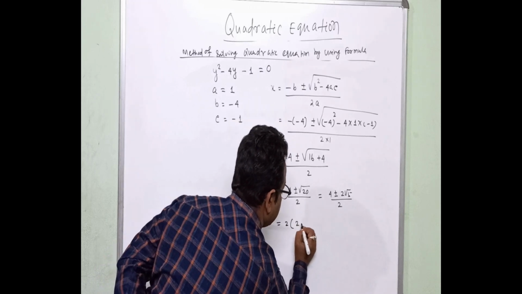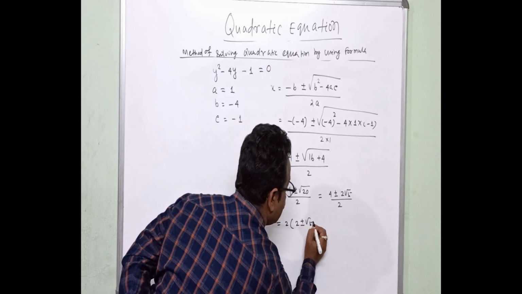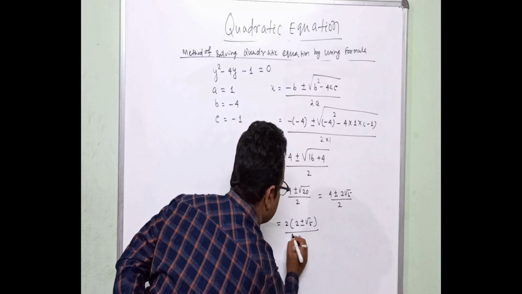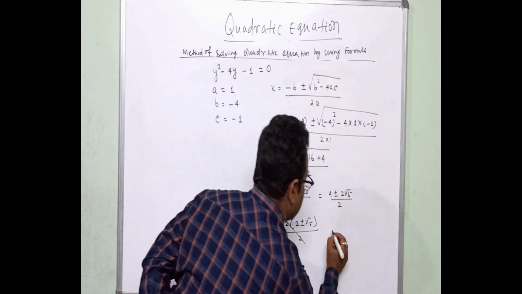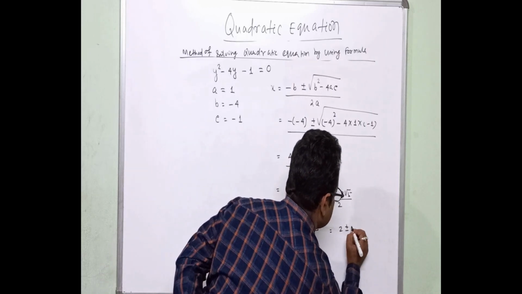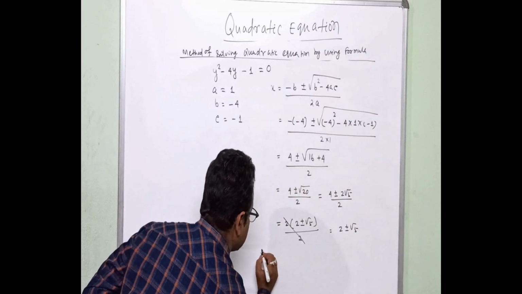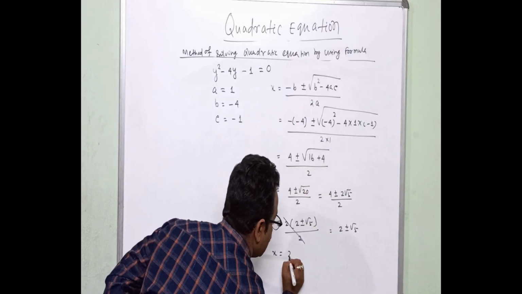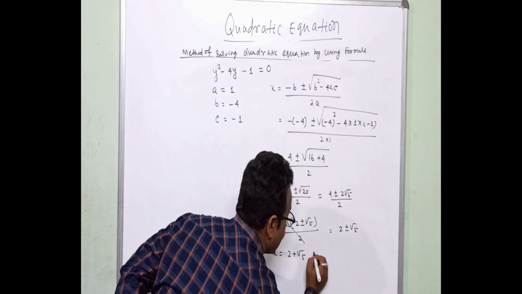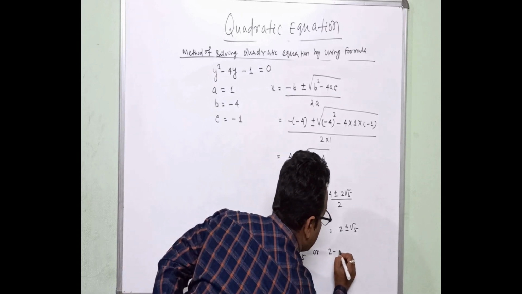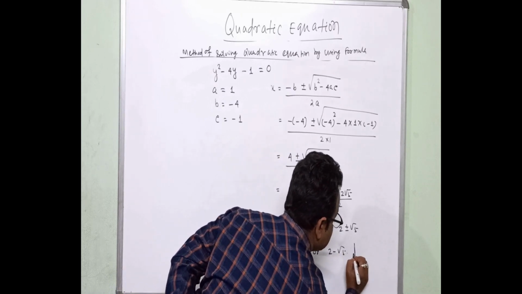that is equal to 2 common, 2 plus minus root 5 by 2, 2 to cancel, that is equal to 2 plus minus root 5. Thus x is equal to 2 plus root 5 or 2 minus root 5.